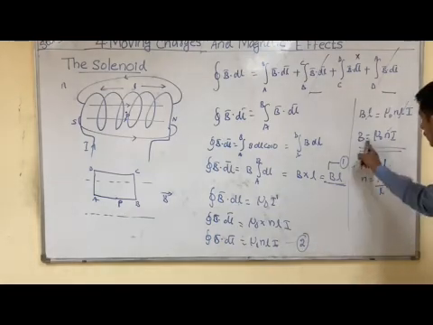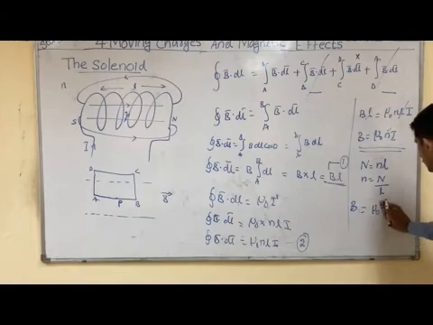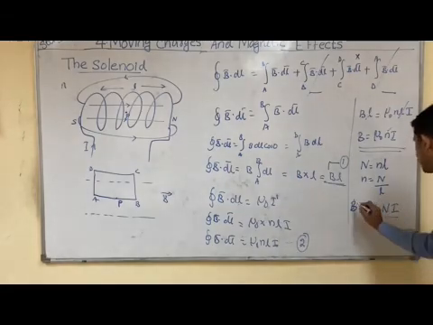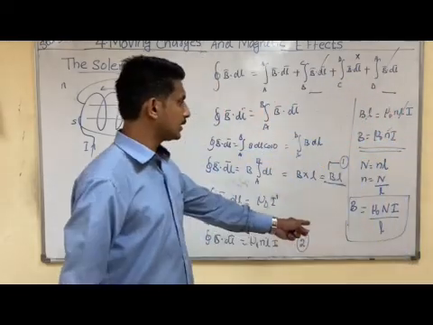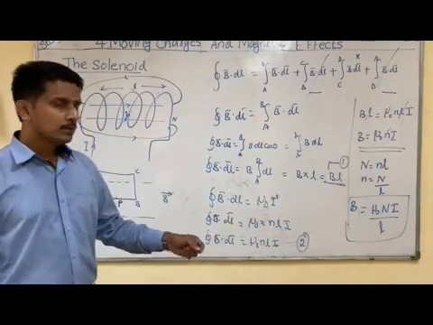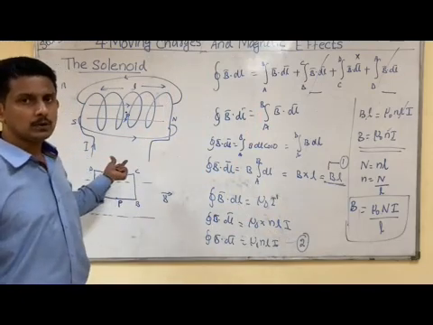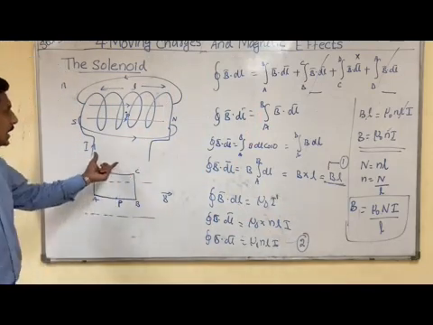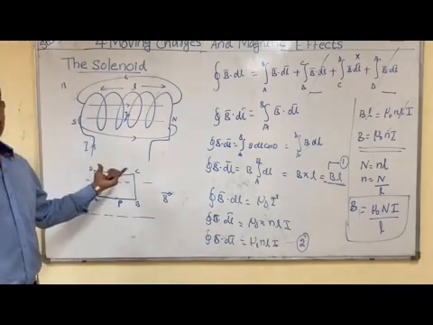So we can modify the equation as B is equal to mu 0 N I divided by L. This way we can write the magnetic field B is equal to mu 0 N I by L, where mu 0 is the absolute permeability, N is the total number of turns of this solenoid, I is the current passing through the solenoid, and L is the length of this solenoid.